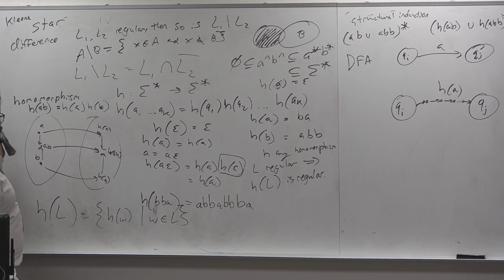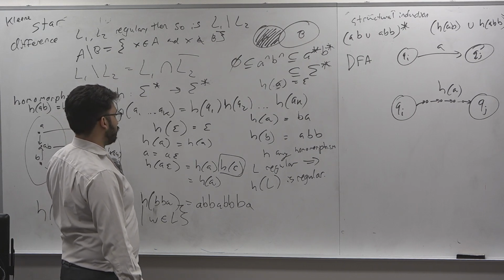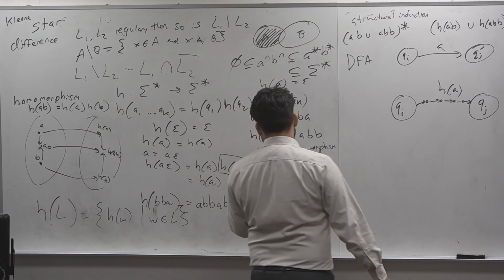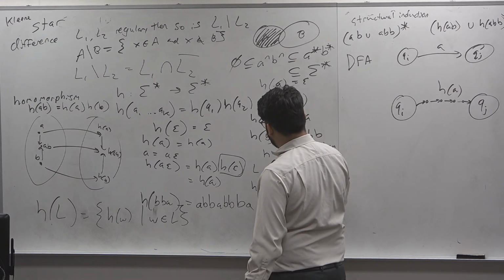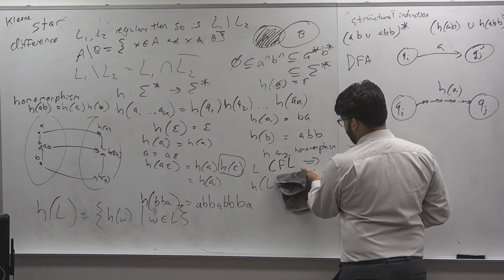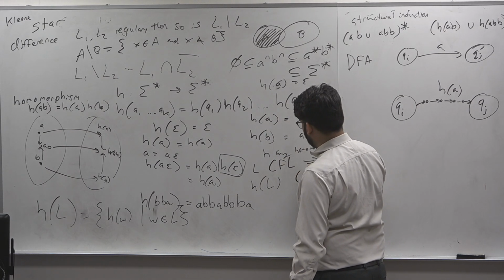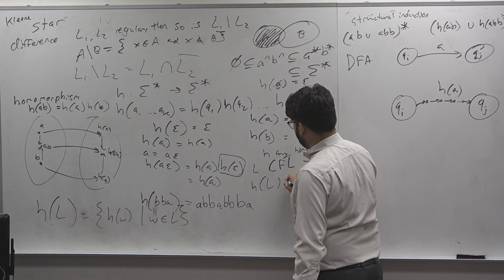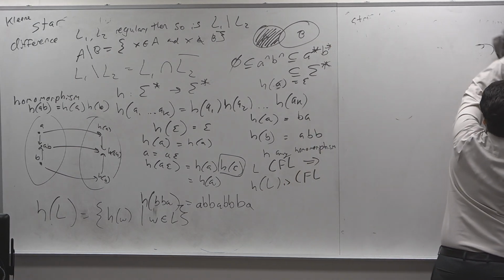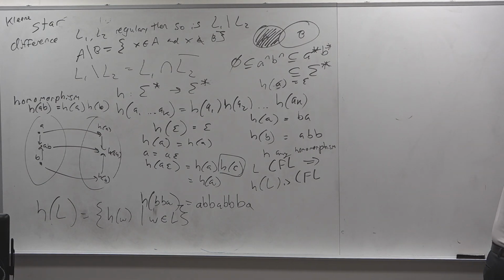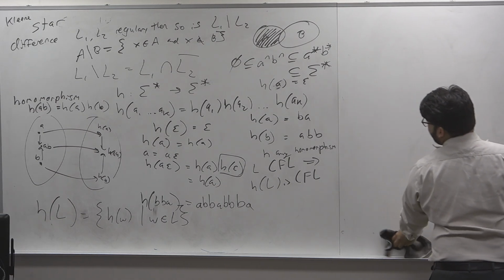Let's just keep everything up here about homomorphisms. I claim the context-free languages are closed under homomorphism. Why is the homomorphism of a context-free language context-free?